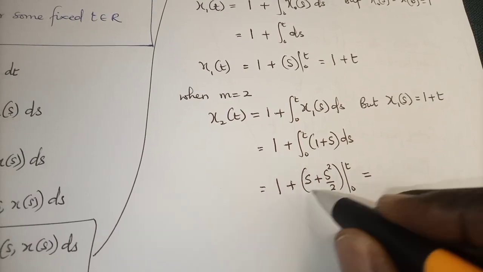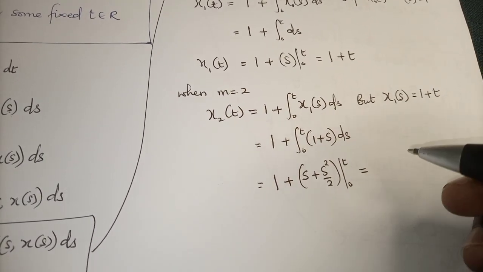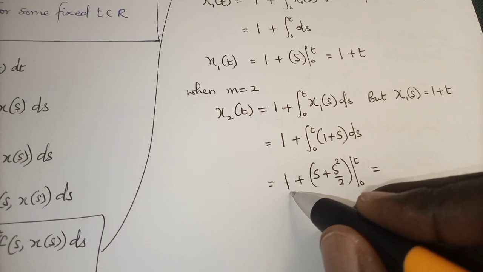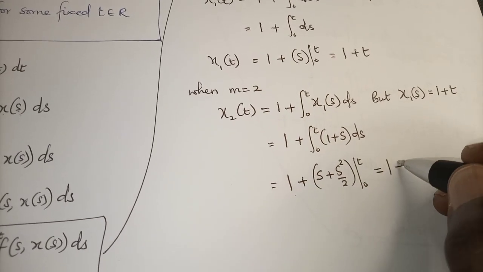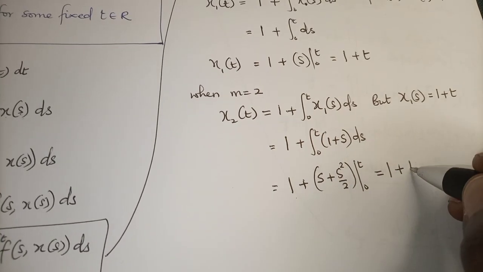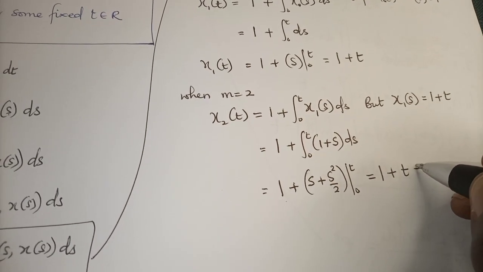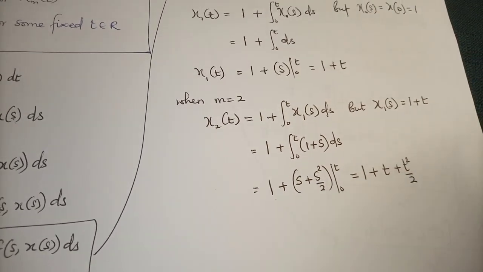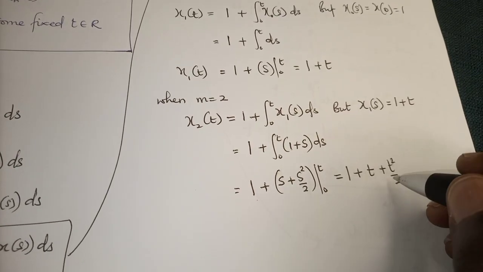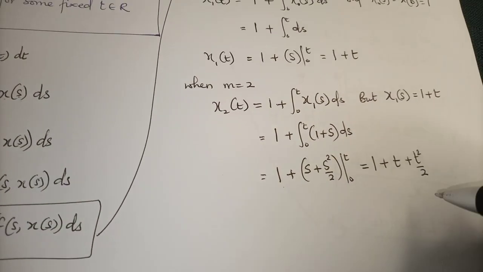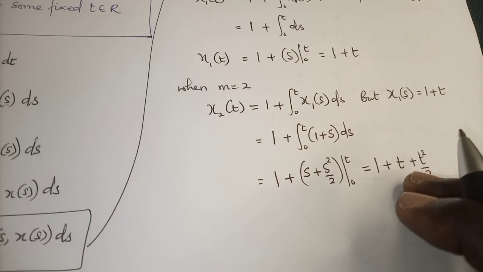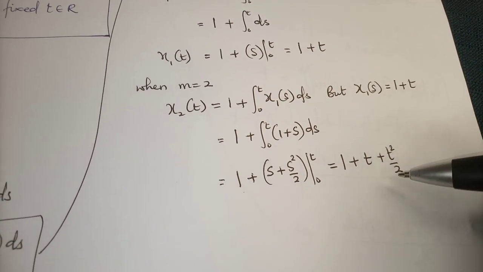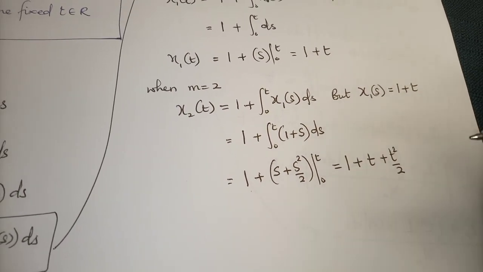Substituting the 0, everything tends to 0, so plus 0, and substituting t, you have 1 plus t plus t squared on 2. So this will be your equation 2. Do not worry about simplifying, just leave it. We are trying to check the patterns. The pattern is very important for us to create a formula.